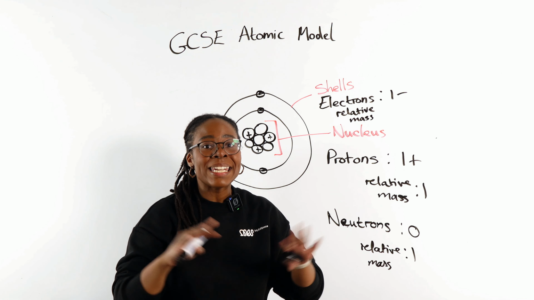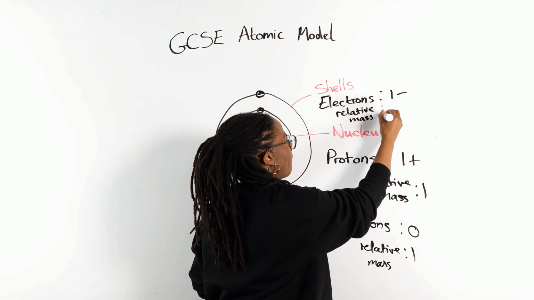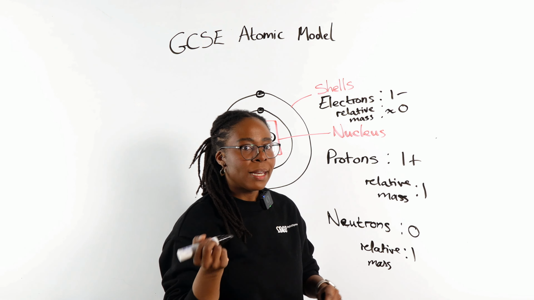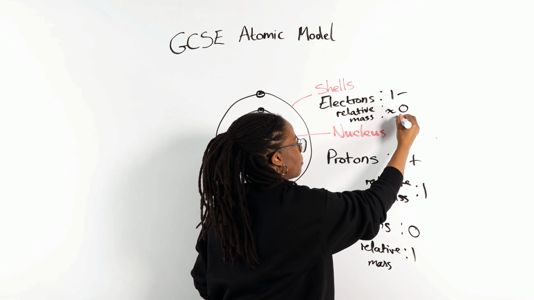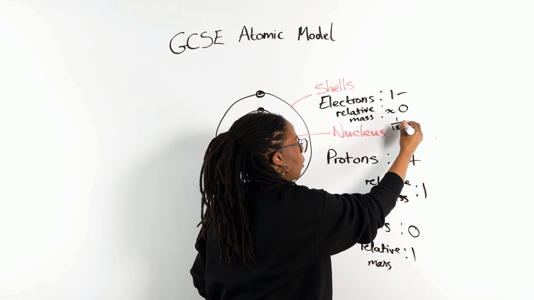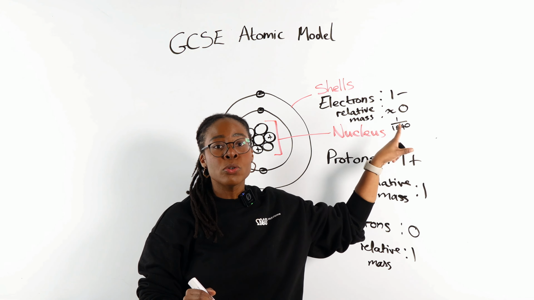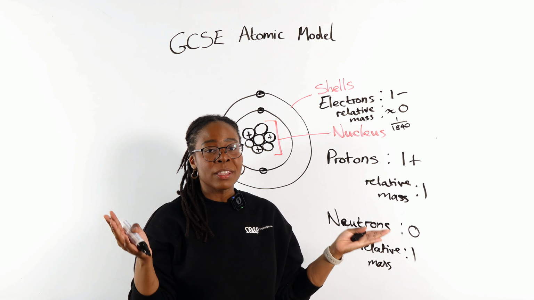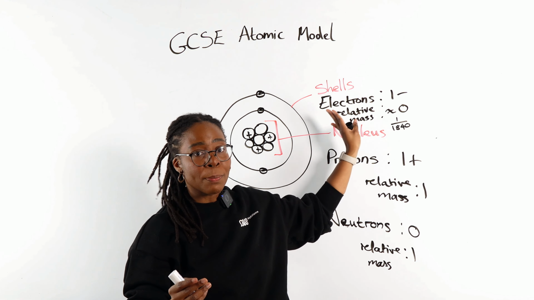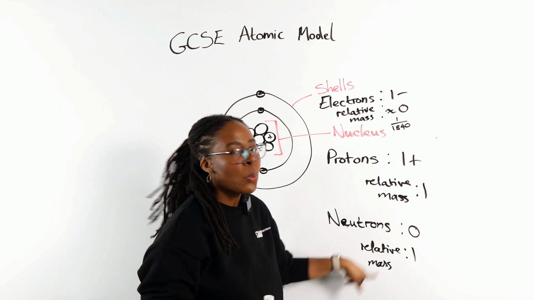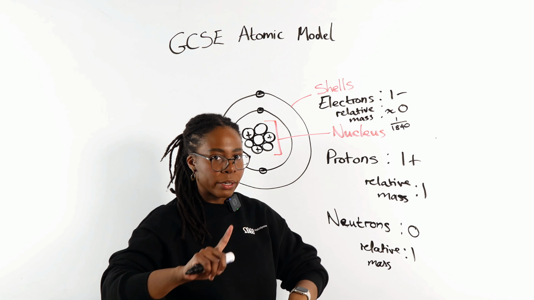Their mass is negligible. So we can say that their mass is approximately 0, or if you want to be a little bit more precise, you can say 1/1840. Okay. Again, the mass is so tiny that when we're considering the mass of an atom, we don't think about the electrons at all. We just think about the protons and the neutrons with their relative masses of 1.